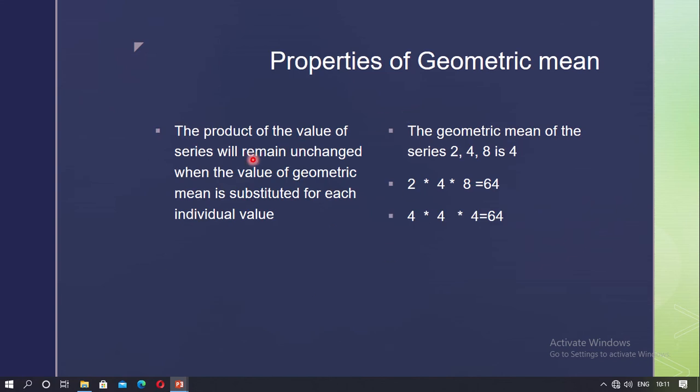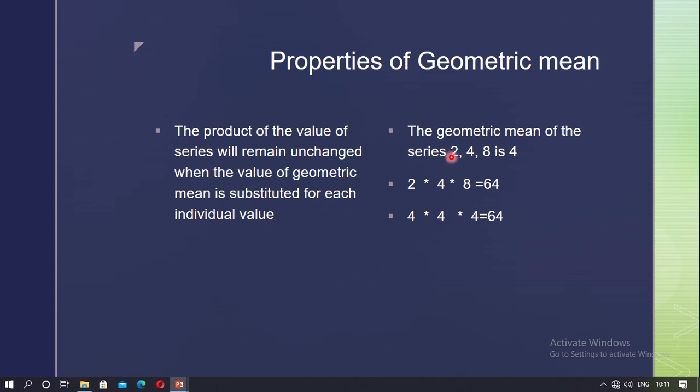Now there are some properties of the geometric mean. Right now I'm only giving one property. The product of the values of the series will remain unchanged when the value of the geometric mean is substituted for each individual value. For example, these are the values given in your series: 2, 4 and 8, and you find the geometric mean as 4. If you multiply this series, you will get 64, right?